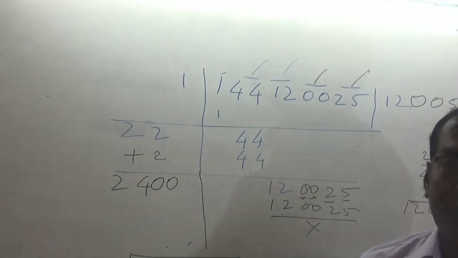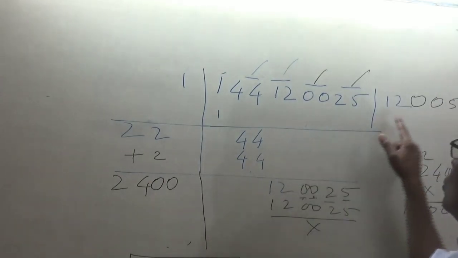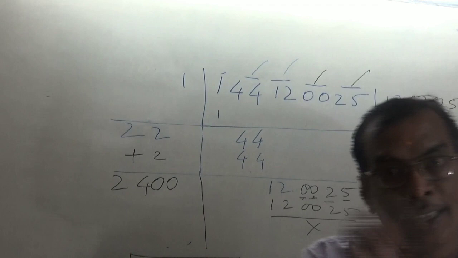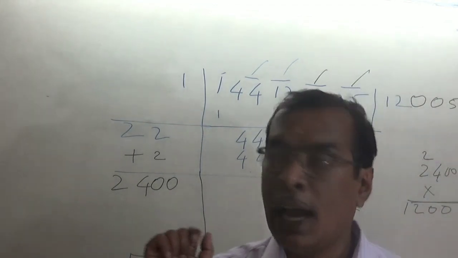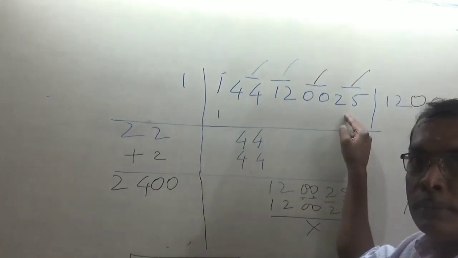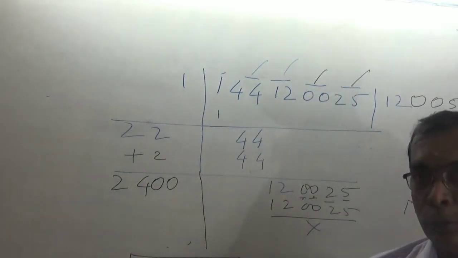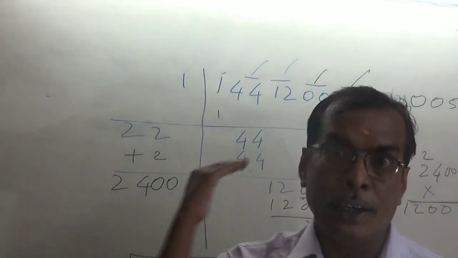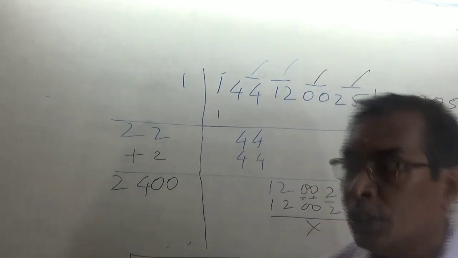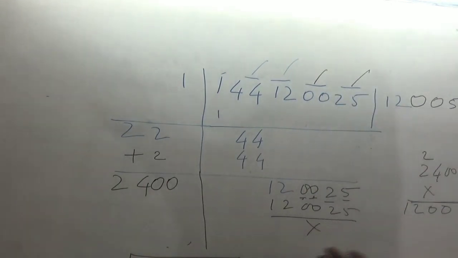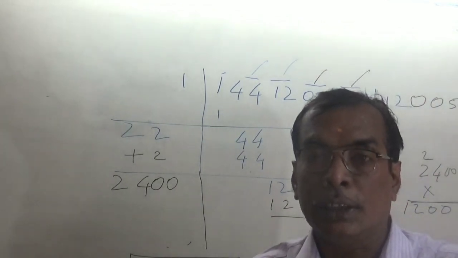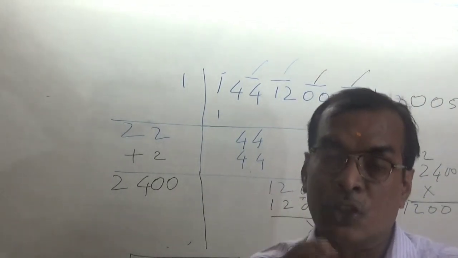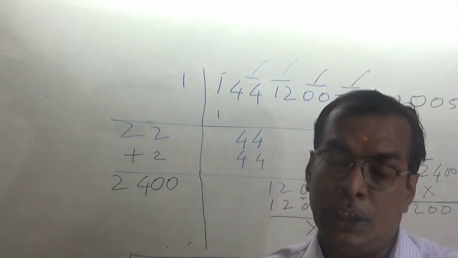First of all, I took the number 12005, and then I multiplied 12005 by 12005. This number has come. And now I am finding the square root of this number, and the result has come. So this type of complex number, where some zeros are there, you will have to consider. Now don't consider the decimal system, because I have not explained that till now.